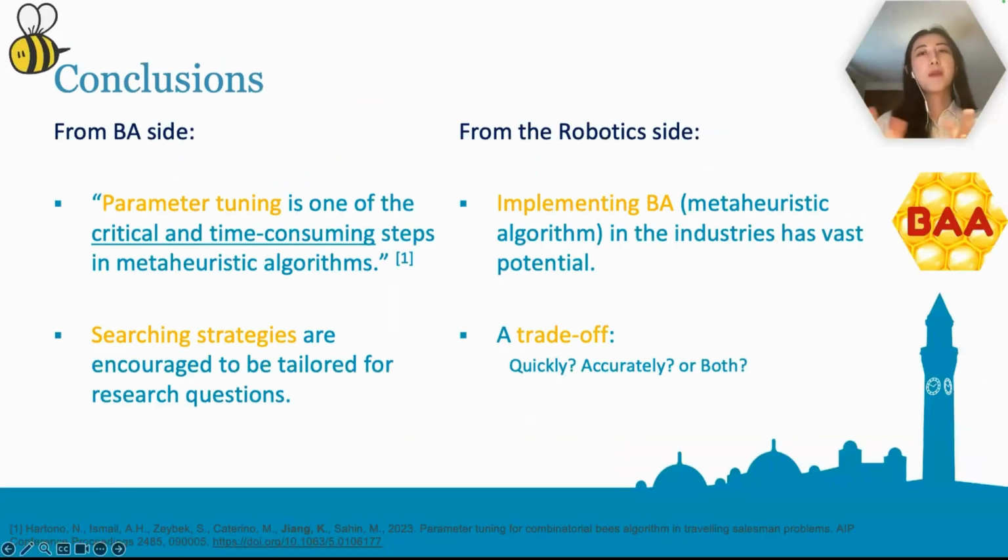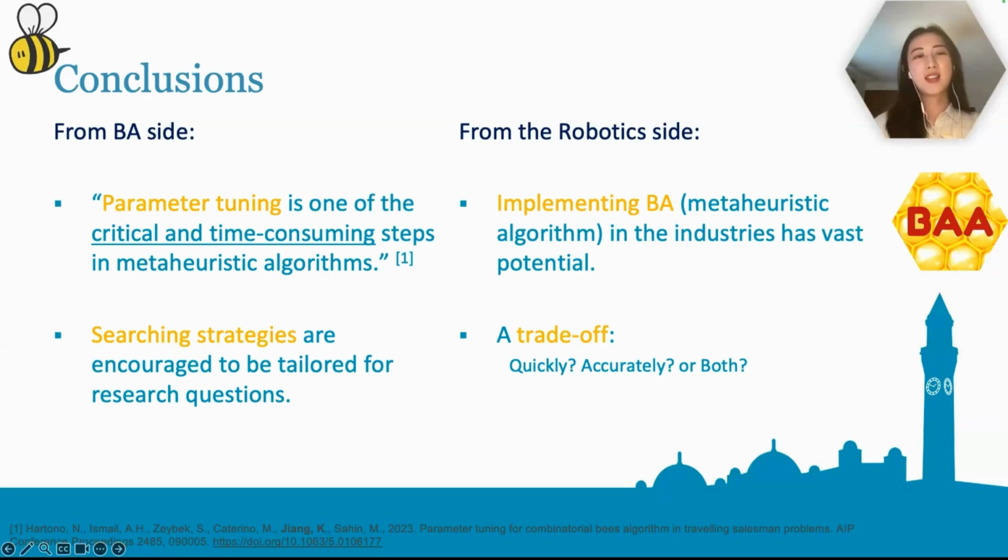Well, there are more interesting results I have recorded during the experiments, but due to today's time limitation, I wasn't able to squeeze all of them here, but hopefully I can analyze and show them to you in the coming paper. And so from the BEAS algorithm side, I would like to say that parameter tuning is one of the critical and time-consuming steps in meta-heuristic algorithms.